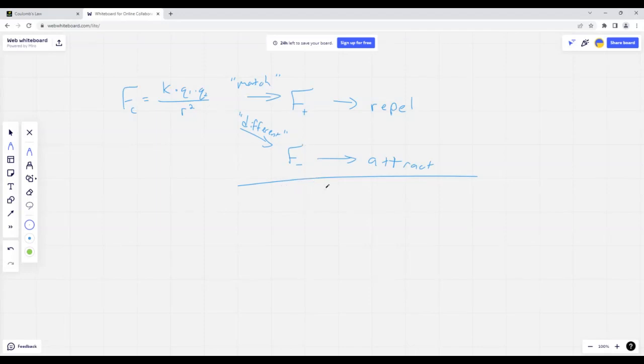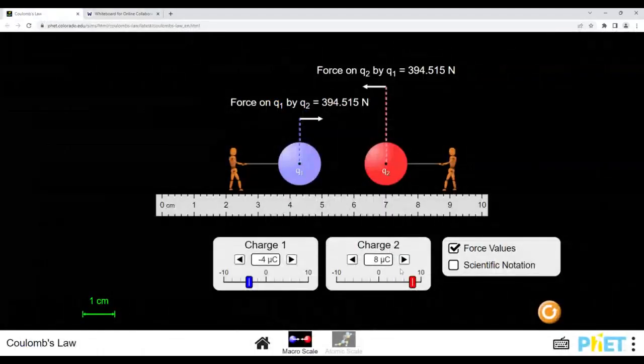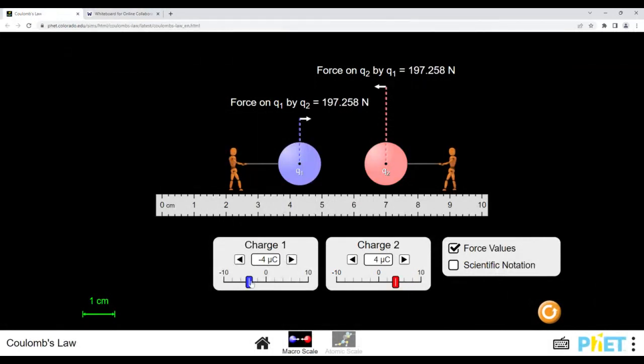And think about what would happen if I held one constant or a pair of them constant and then change the other ones. So like if I'm going to move these charges around and I want to figure out what's going to reduce my forces. So if I look, I'm not going to change these. Let's set them both to 4 because why not? I think that's in the instructions anyway.